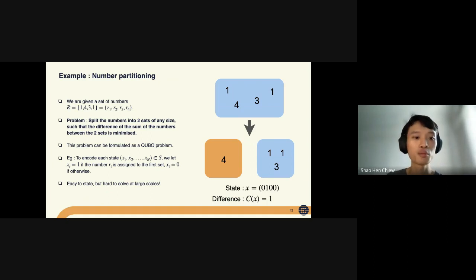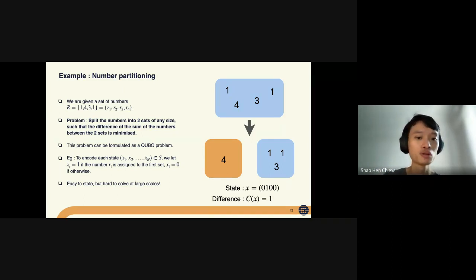So to give you an example, how would we imagine encoding the states of this problem as a bit string? One way to do this is that if an element belongs to the first set, we assign a value of 1 to it. If it's in the second set, then we assign a value of 0 to it.